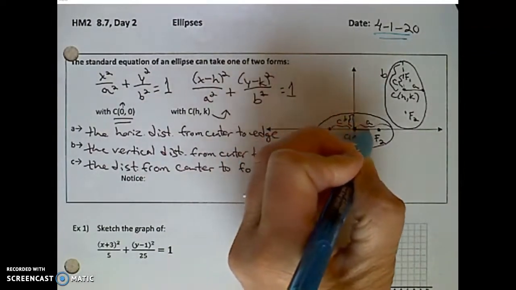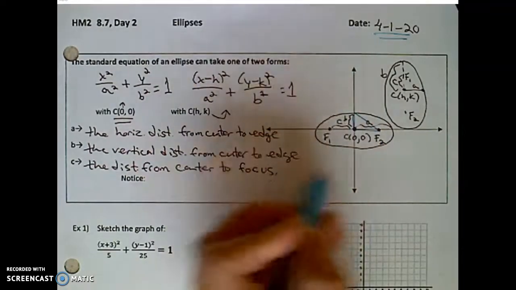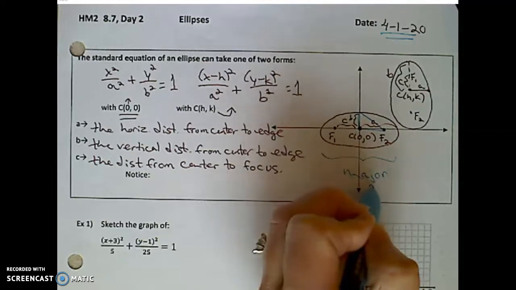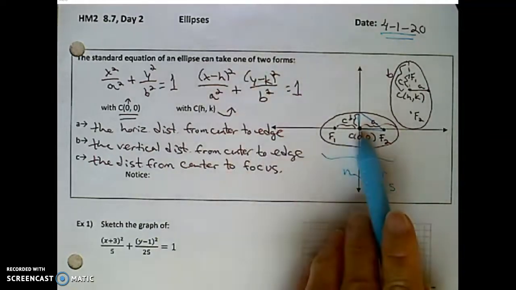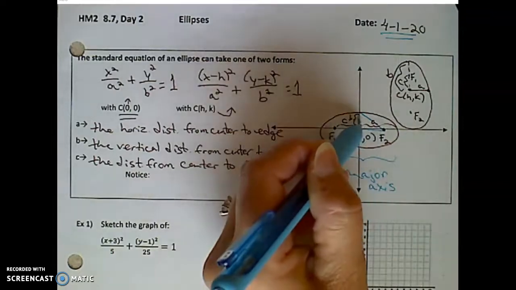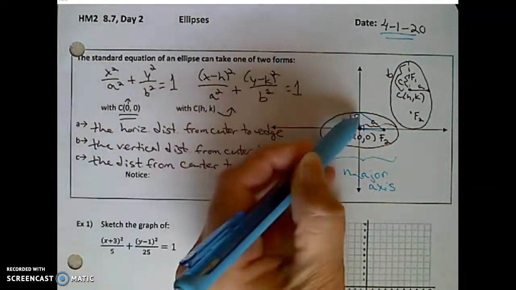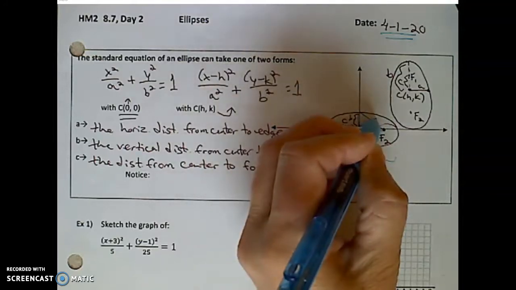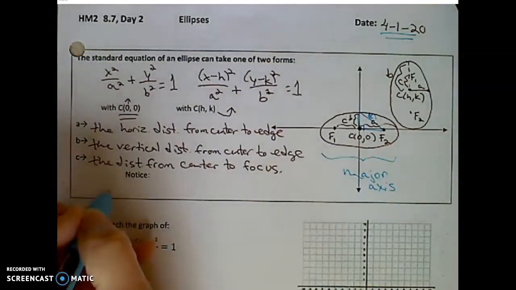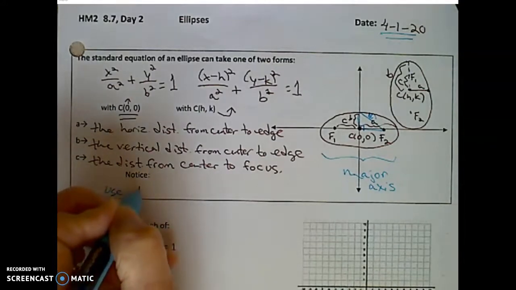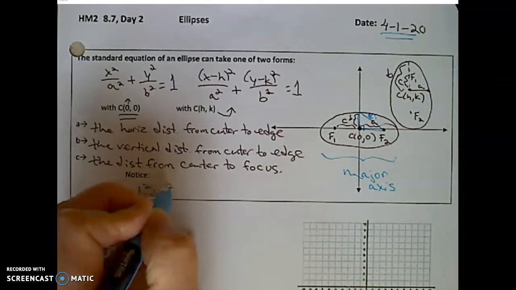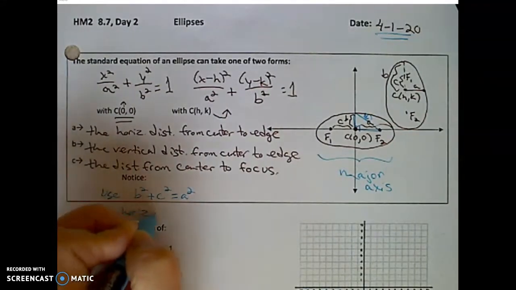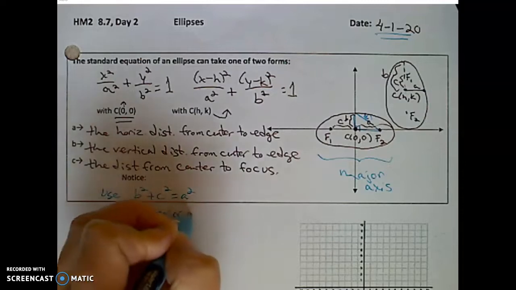With a major axis that is horizontal, please notice that A is the longest. I get this right triangle in the middle, which has sides of B and C and a hypotenuse of A. So we will use b squared plus c squared equal to a squared if I have a horizontal major axis.